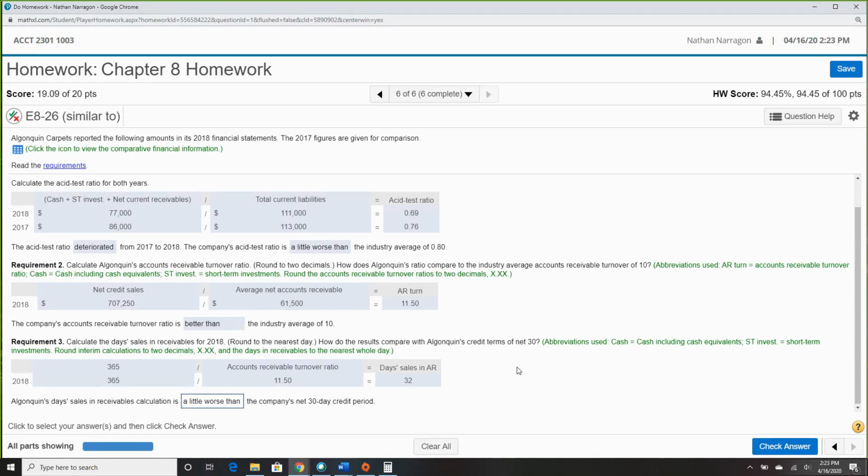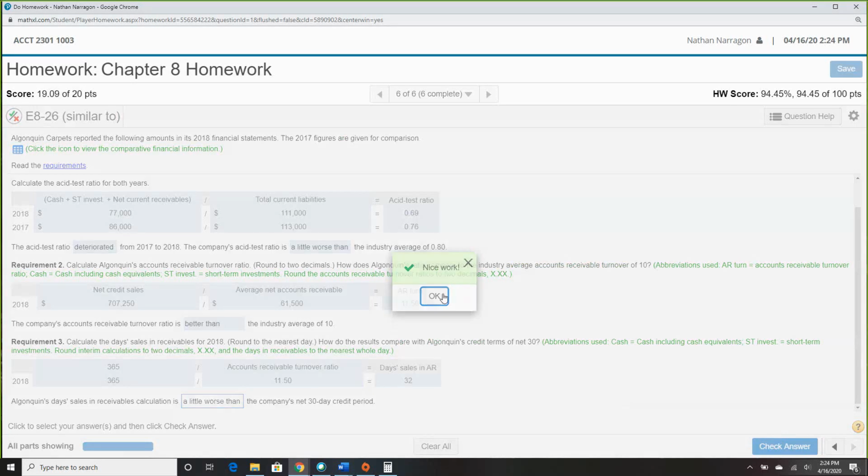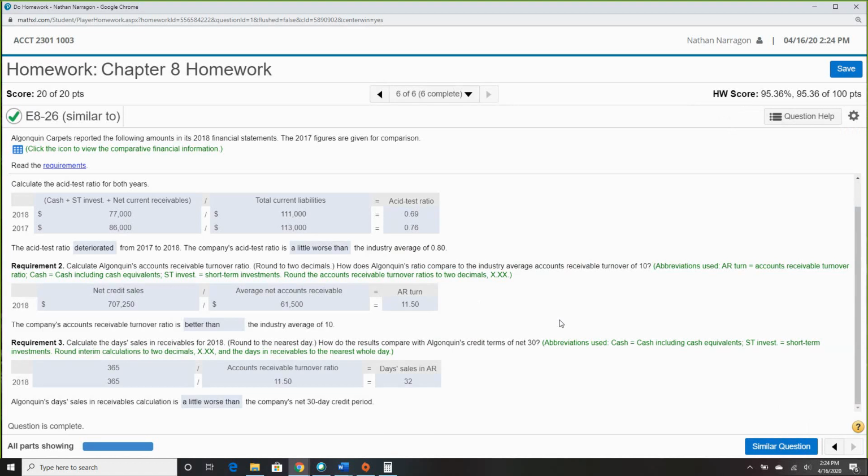So it is worse than. We want it to be under the credit period. Okay? And that is the last question. Okay? Any questions over the ratios? Besides me messing up the first one.